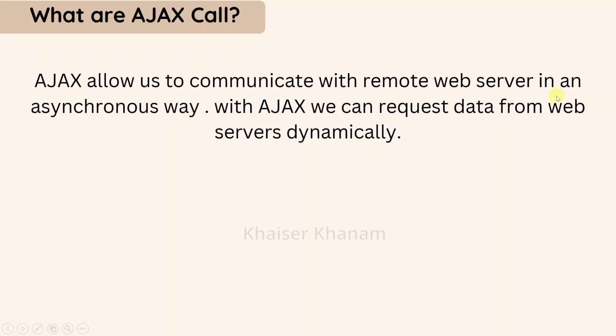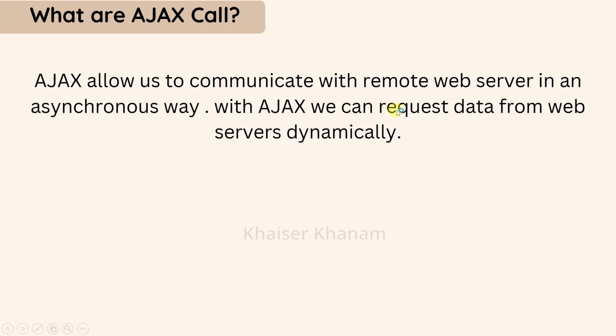Remote web servers are the servers where we have all the information related to the web. So this allows us to communicate with a remote web server in an asynchronous way. It is not going to block the entire code.